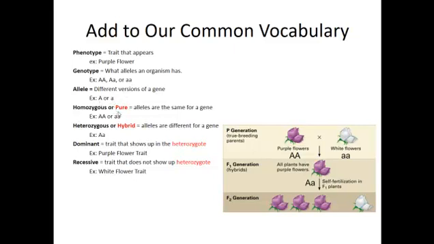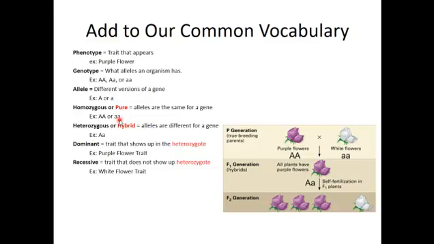We've been using the word pure to talk about whenever 2 alleles are the same, either a big A, big A or a little a, little a. But now we're going to use a more scientific term, which is homozygous. Again, the prefix homo means same. That tells us both of these alleles are the same.